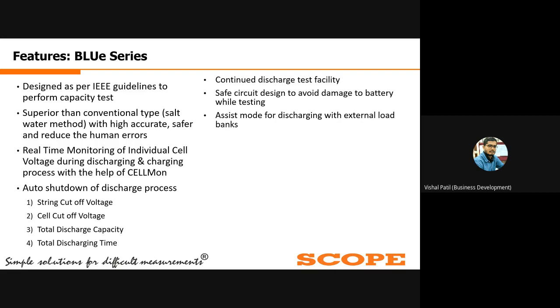If you want to discharge a 220-volt battery bank with a capacity of 500 ampere hour, and it is a lead acid type of battery, so the discharge rate is C10, so you have to discharge that battery bank at 50 ampere, and the discharge time will be 10 hours.